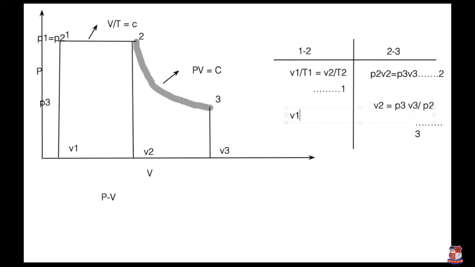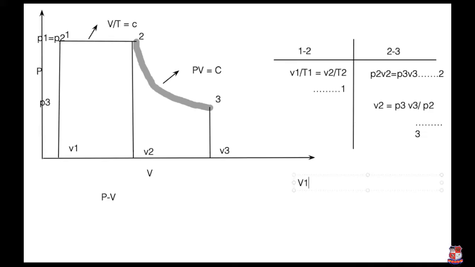It is V1 by T1 is equal to P3V3 divided by T2 and P2.